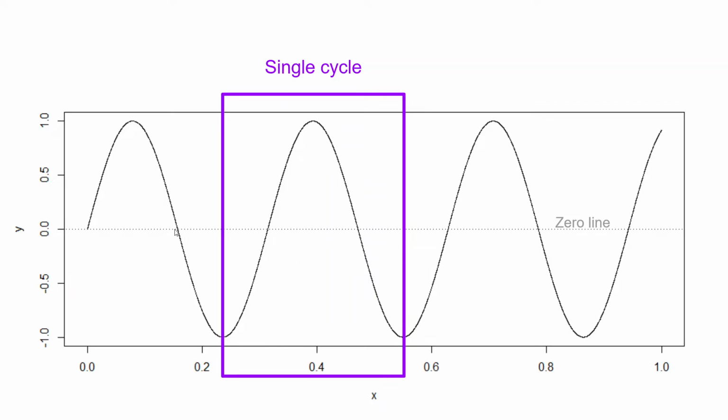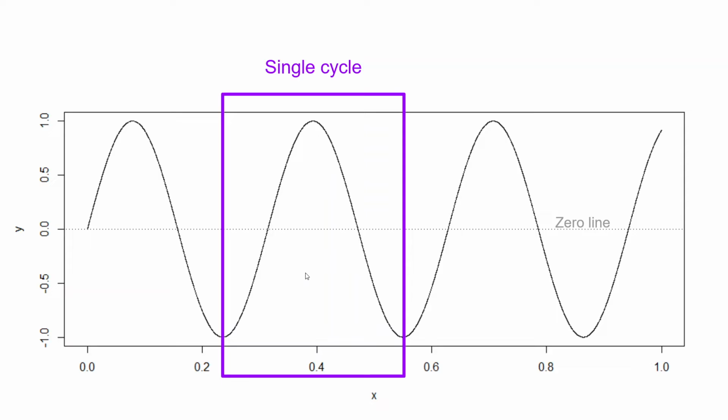We could also take from one negative crossing to the next negative crossing, positive to positive, maximum to maximum, or halfway between the minimum and the next positive crossing. As long as the start and the end point are corresponding, representing similar points on respective waves, you have a single cycle.